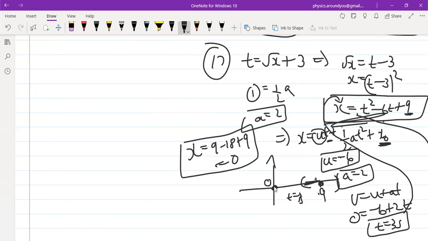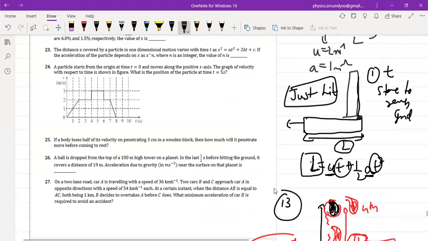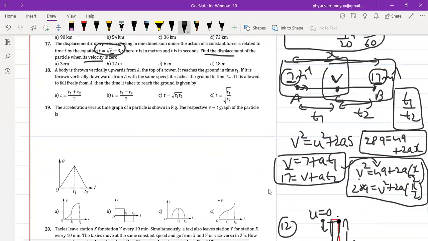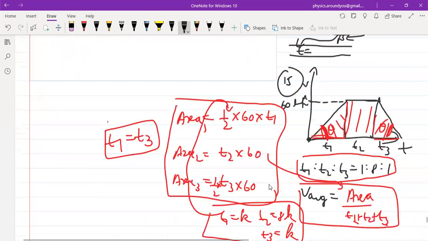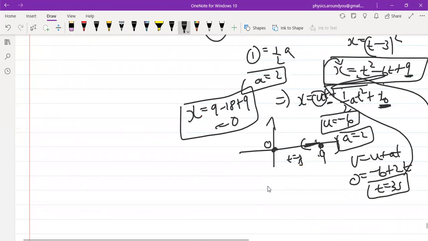The question is, what is the displacement of the particle when its velocity is 0? Now, how will you get the displacement of the particle? Well, displacement is, initially it was over here, right?